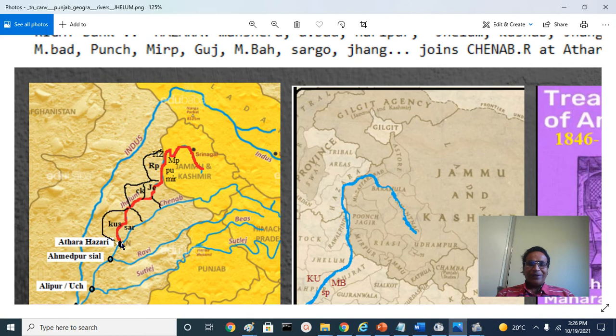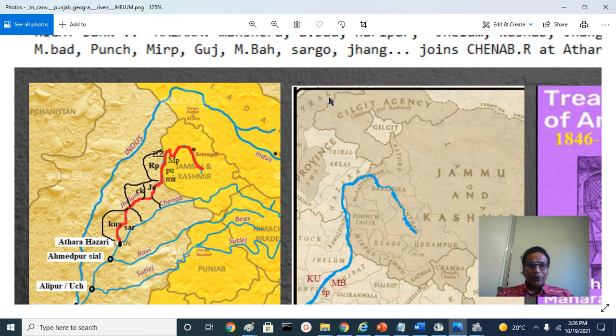As we said earlier, JHELUM is the tributary of Chenab. Chenab River here, which is 1200 kilometers long, and Sutlej River here in the south, which is around about 1400 kilometers long. Both are tributaries of a short river called Panjnad, which itself is a tributary of Sindhu River, mighty Sindhu River.